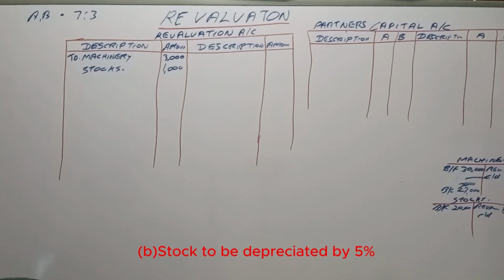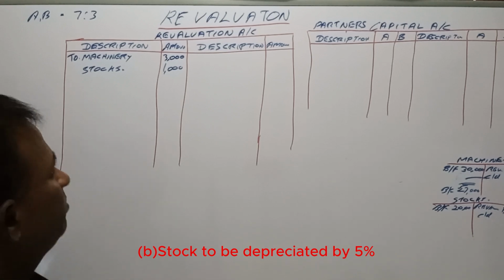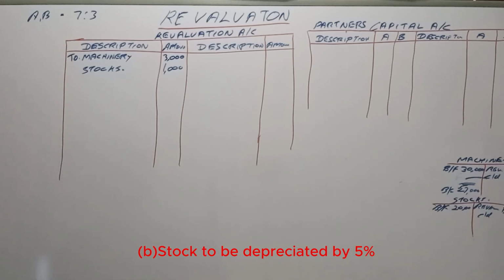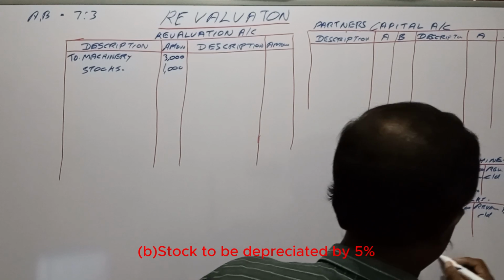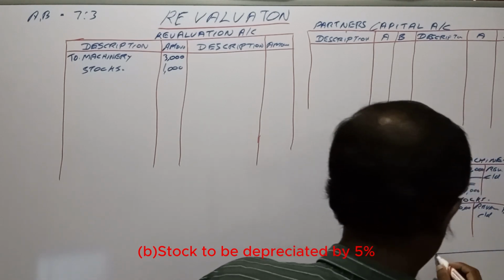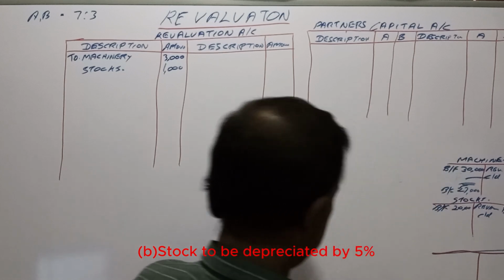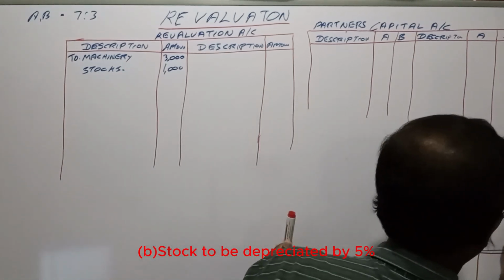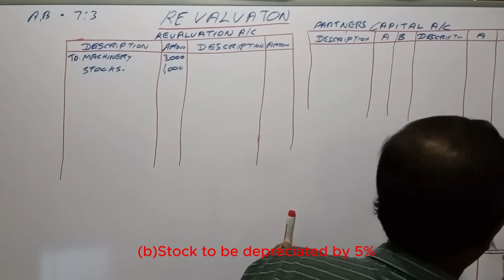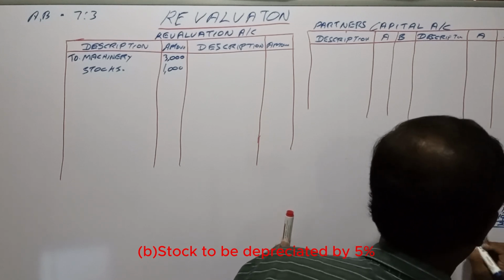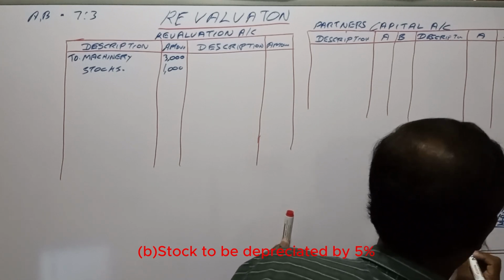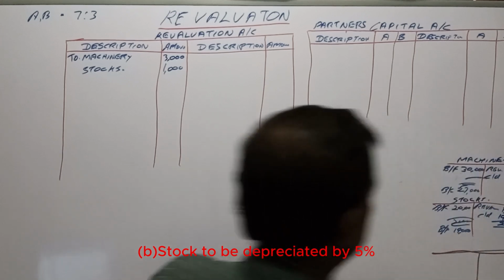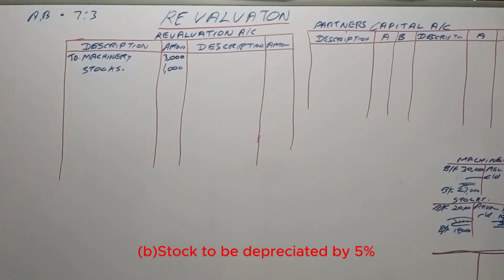Create a provision for bad debts at the rate of 5%. Debtors value is 30,000. Stocks carried down value is 19,000.